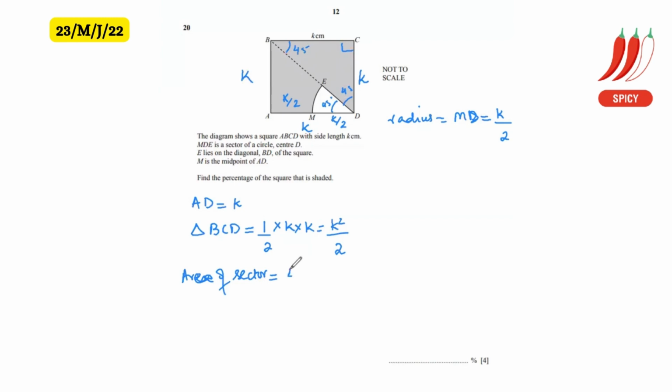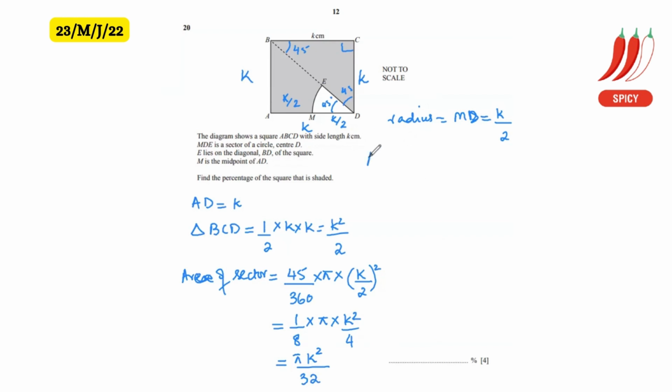So for the area of the sector, we'll use 45 degrees over 360 times pi times K over 2 whole squared. So that's 45 divided by 360, which simplifies to 1 over 8, times pi times K squared over 4, which gives us pi K squared over 32.